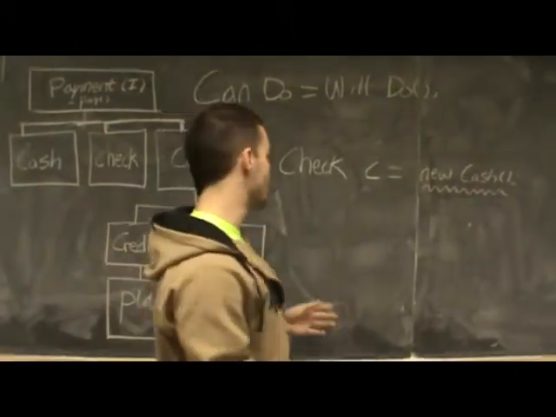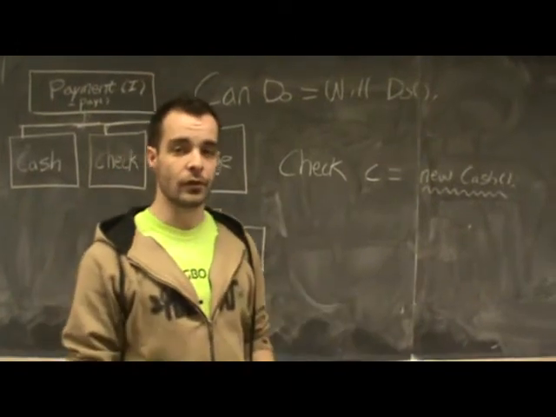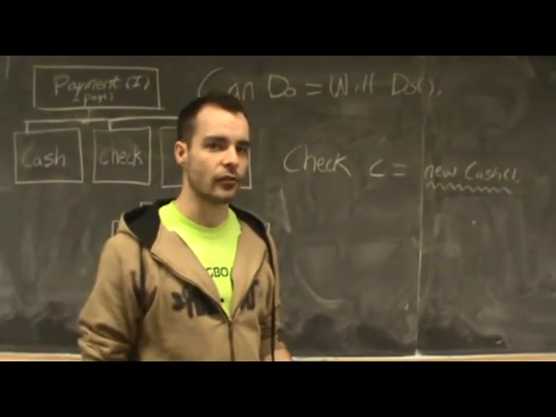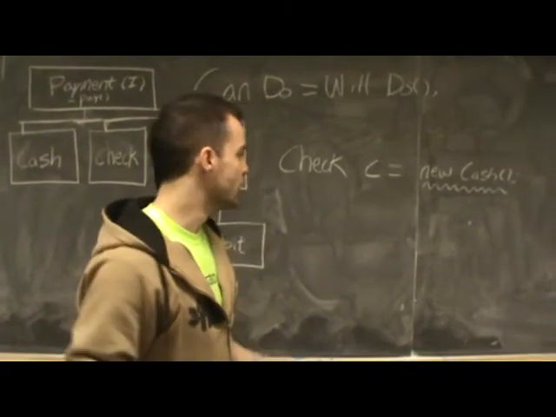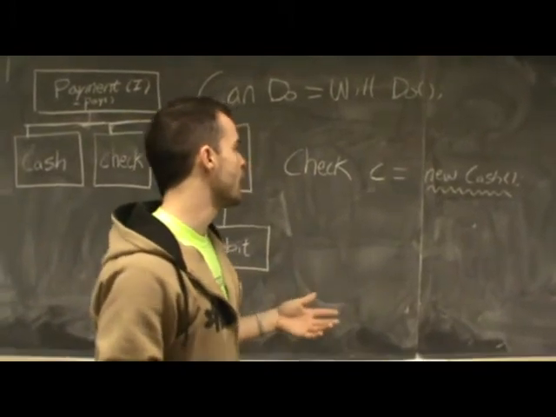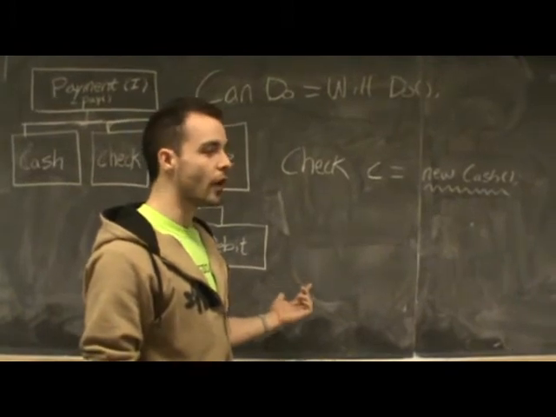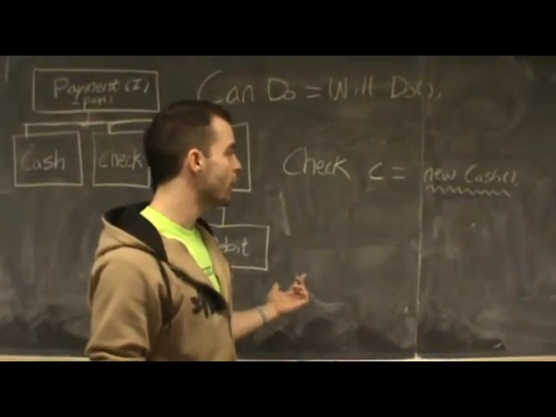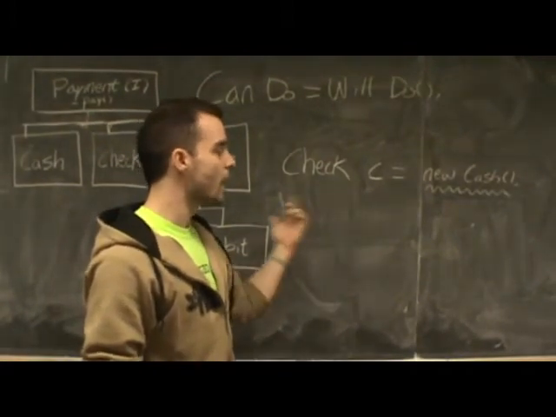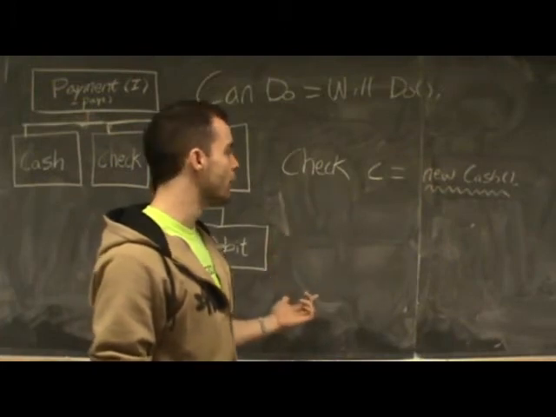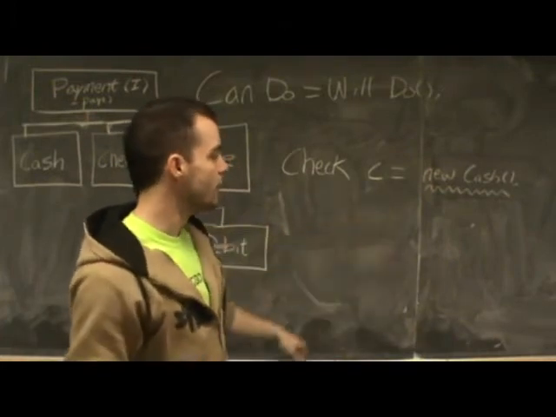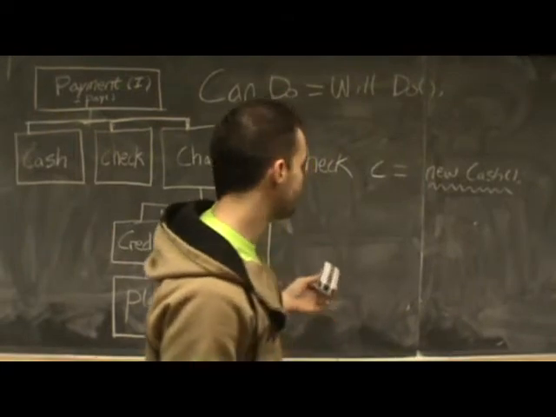This is just like saying string S equals new dog. A dog's not a string, you can't do that. So the compiler is going to underline that, saying, well, dude, you said this was going to have properties of a check, and there's supposed to be a pay method, and this has that, but it's not a check, so I don't think I can do that. And it's going to complain, and that's what it should do.